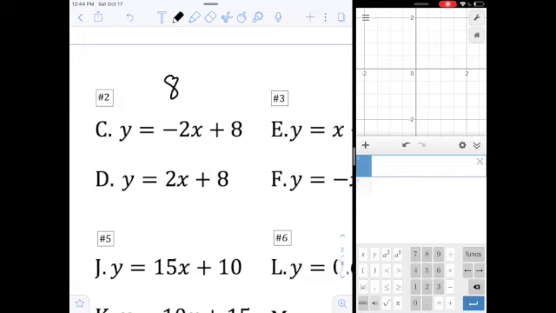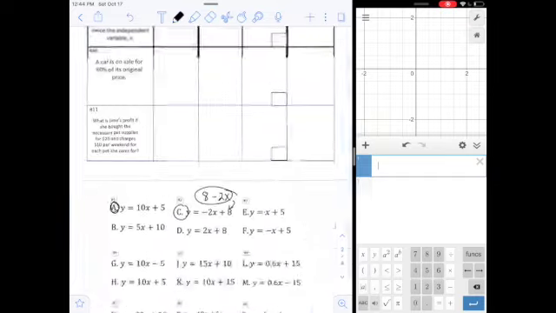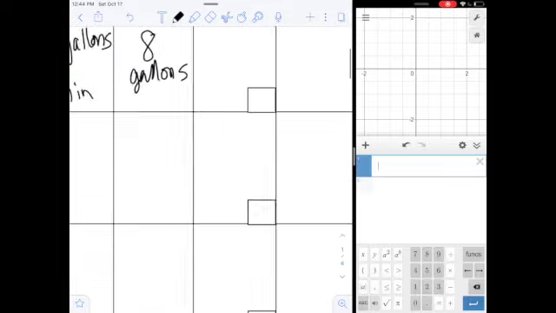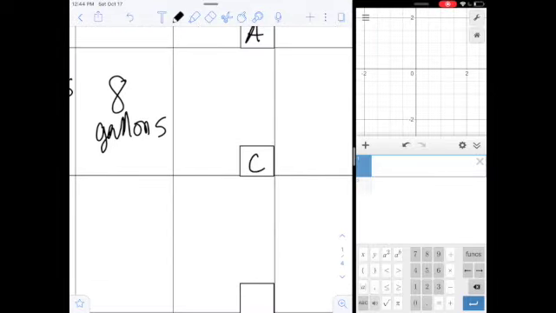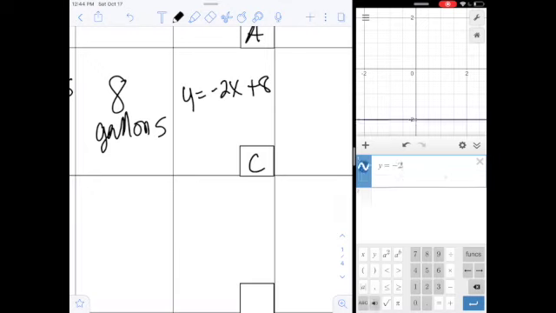So the way I would originally write it would be 8 minus my rate, right? But you're never going to see it written like that. So we're actually going to see it written like this. Okay, so we're using our answer choice C. Let's come over here and let's write that C. So we have y equals negative 2x plus 8.